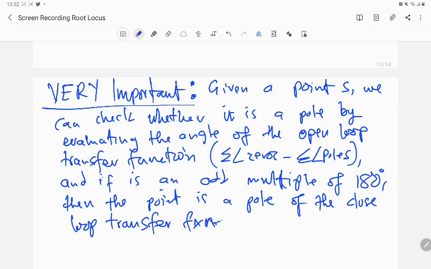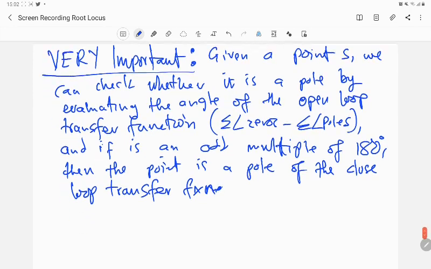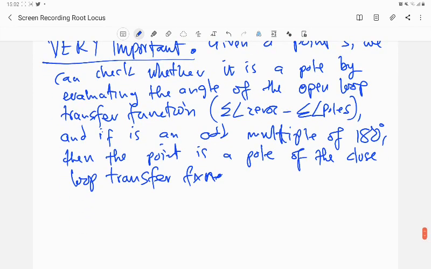Note I didn't say it's a pole of the open loop transfer function. I said it's a pole of the closed loop transfer function. Otherwise, it is not a pole.